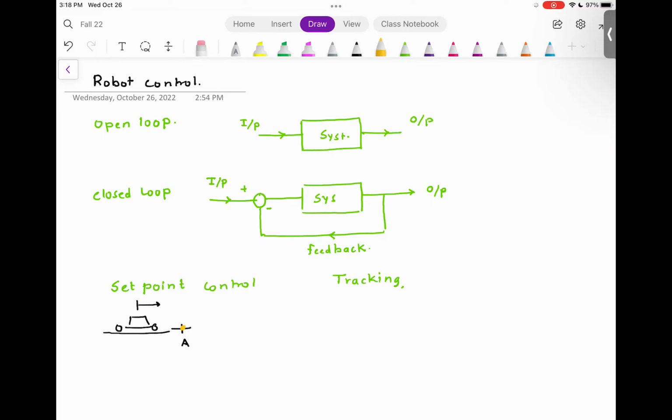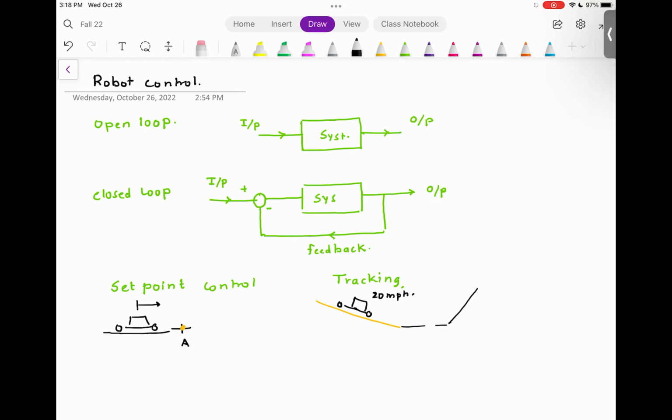Now, in the case of tracking control, let's say you have the car and that is going down the slope, but even though it's going down the slope, or whether it is going on the level road, or whether it is going up, you want the car to be at maybe 20 miles an hour.